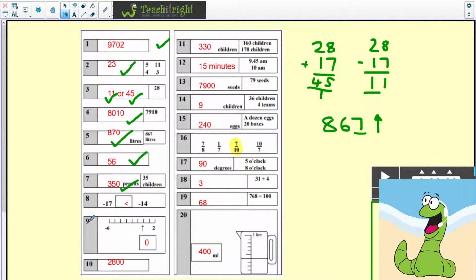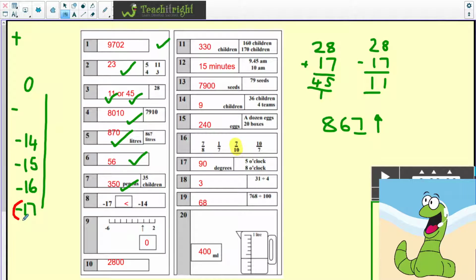Now, let's think a little bit more carefully about this. If I had a thermometer here, if we had minus 17 here, what would be the next number? It would be minus 16, minus 15. So obviously the numbers are getting larger. If 0 is here, and these are all the positive numbers this end, and then we've got all the negative numbers down here, which is the smaller of the numbers?